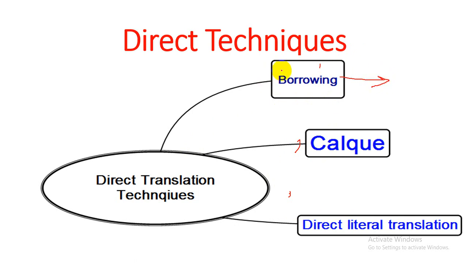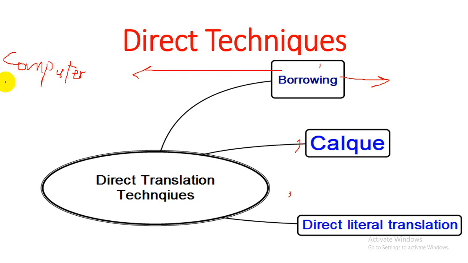For example, if we try to translate this word from English into Arabic, computer, how can we translate it? We can say computer, right? How about this word, projector or PowerPoint?